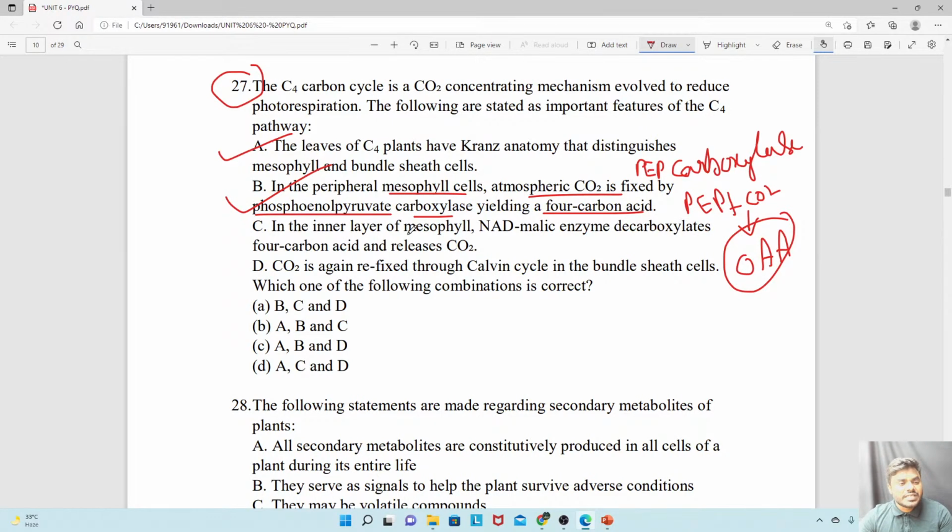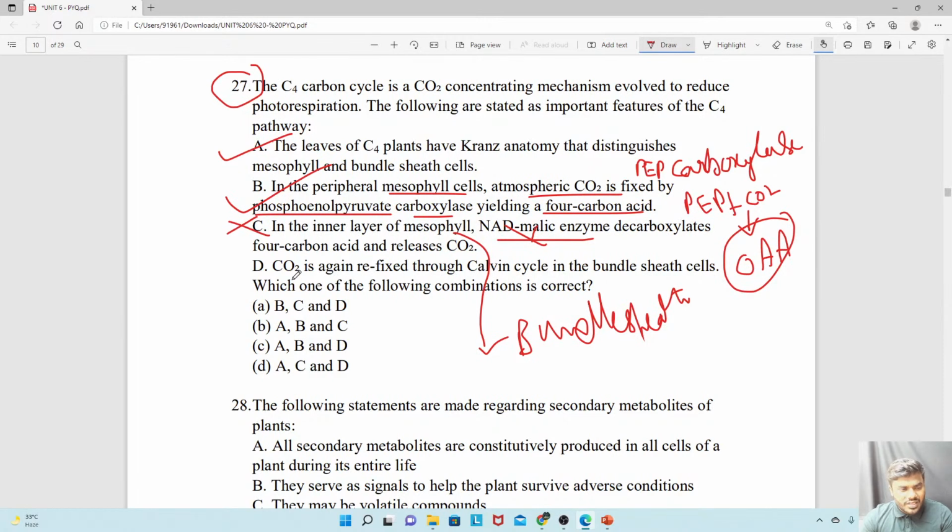Now everyone look into option C. Option C says that in the inner layer of mesophyll, NAD malic enzyme decarboxylase is present. No, right? Where is the NAD malic enzyme present? It is present in the bundle sheath cells, not in the mesophyll. Hence statement C is wrong.